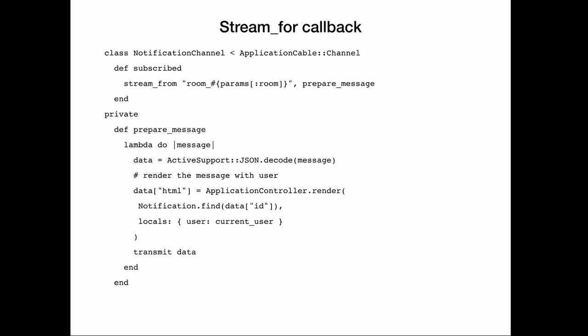This is a bit more of a hidden thing in the code base for Stream4. Within your Rails application, whenever you say broadcast to, so if I was to broadcast to the notifications channel, you can override the message on every message being passed down the wire. So you can define a callback and decode the message, add something else into it if you wanted to, and render it back down.